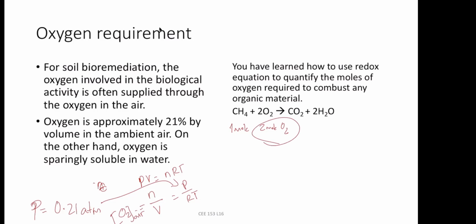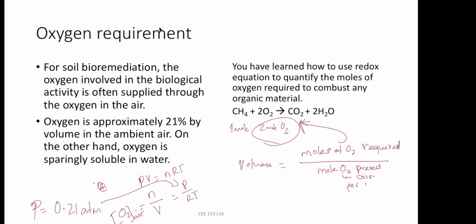So the volume of air that you have to pump is the moles of O2 required, which you can get from these equations based on how much methane you have to treat, divided by the moles of O2 present in air per cubic meter, which is here. If you divide, you get the volume in cubic meters.